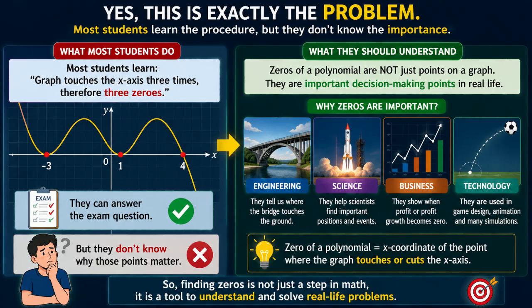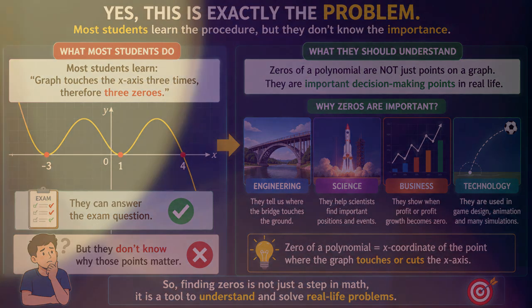In technology, they are used in games, design, animation, and many simulations. Zero of a polynomial equals the x coordinate of the point where the graph touches or cuts the x-axis. So finding the zero is not just a step in maths. It's a tool to understand and solve real life problems.